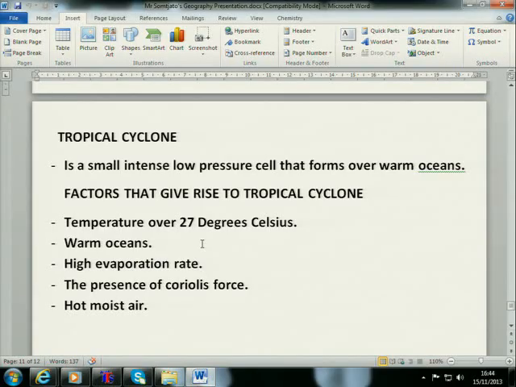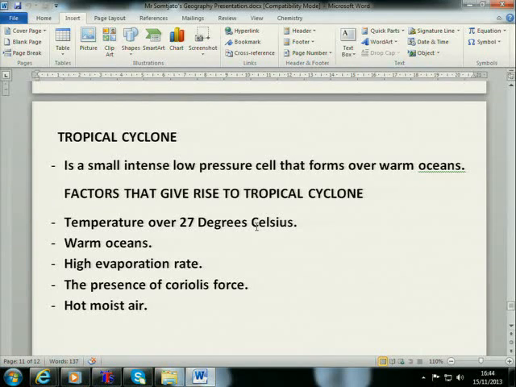One, the temperature must be over 27 degrees Celsius. For a tropical cyclone to develop, it needs high temperatures of over 27 degrees Celsius. We said they develop on the oceans, but the oceans must be warm.